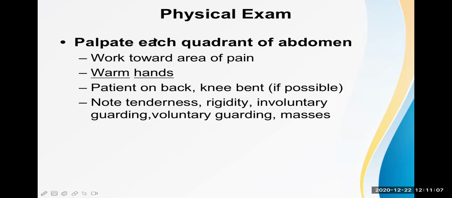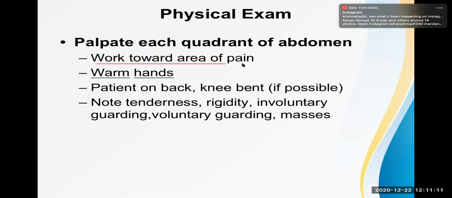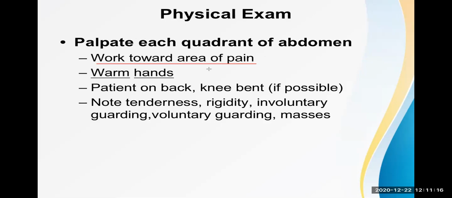Do not start from there. This is a very important principle. Work towards the area of the pain. So what does that mean? If the pain is complained of in the right iliac fossa, don't start examining from there.